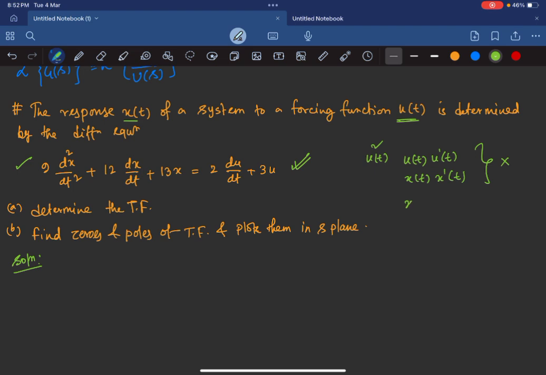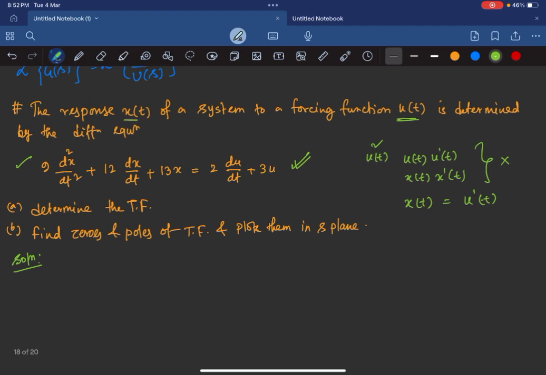And time invariant: see here, no such term like x(t) equals, suppose here you have u dash t, it is present. But suppose minus t is present, then in that case it is not time invariant.